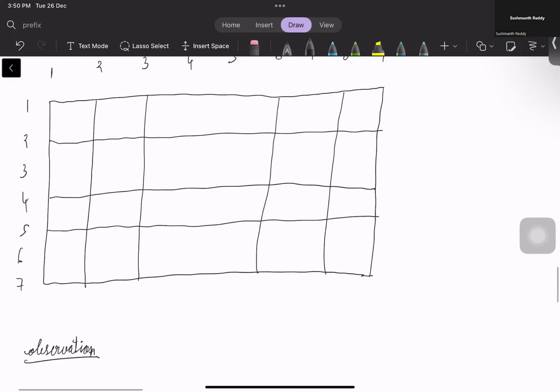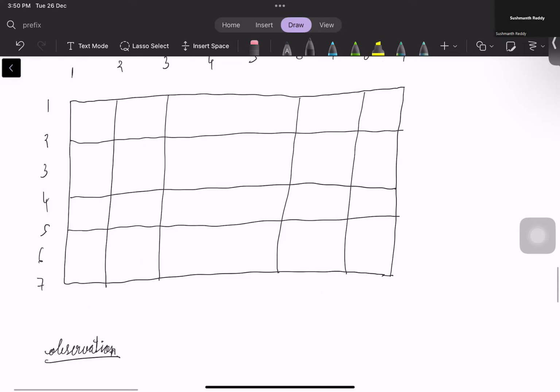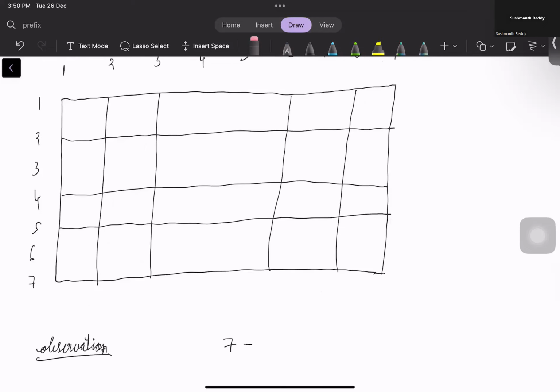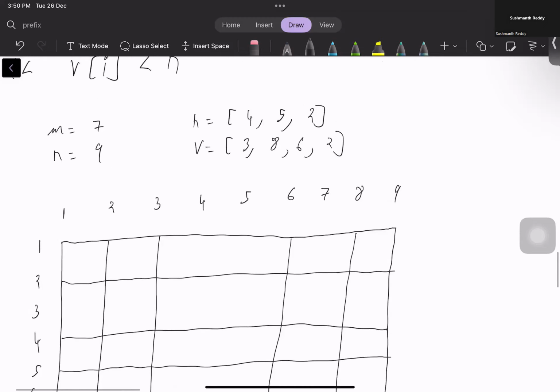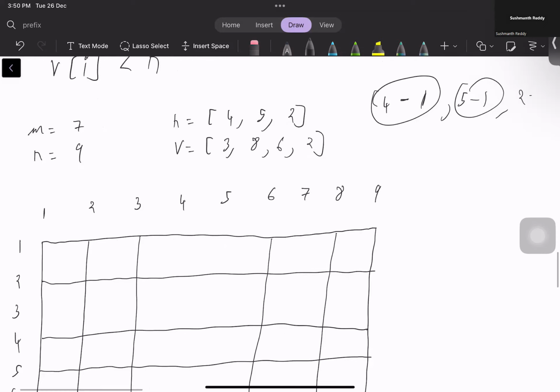So basically, if we see, all lengths that we can make are 7 minus, if I list over the horizontals, horizontal bars are these. So 4 minus 1, 5 minus 1, 2 minus 1.